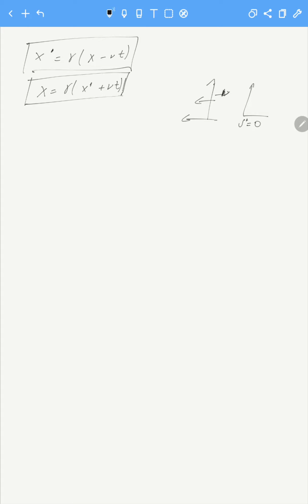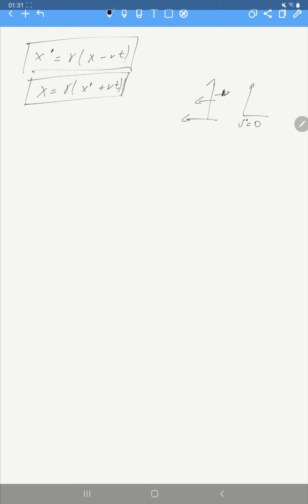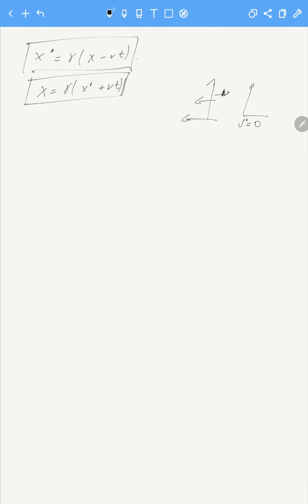In order to get t, we are going to eliminate those in between each other. How we are going to do this is quite basic: we pick one and stick it into the other.